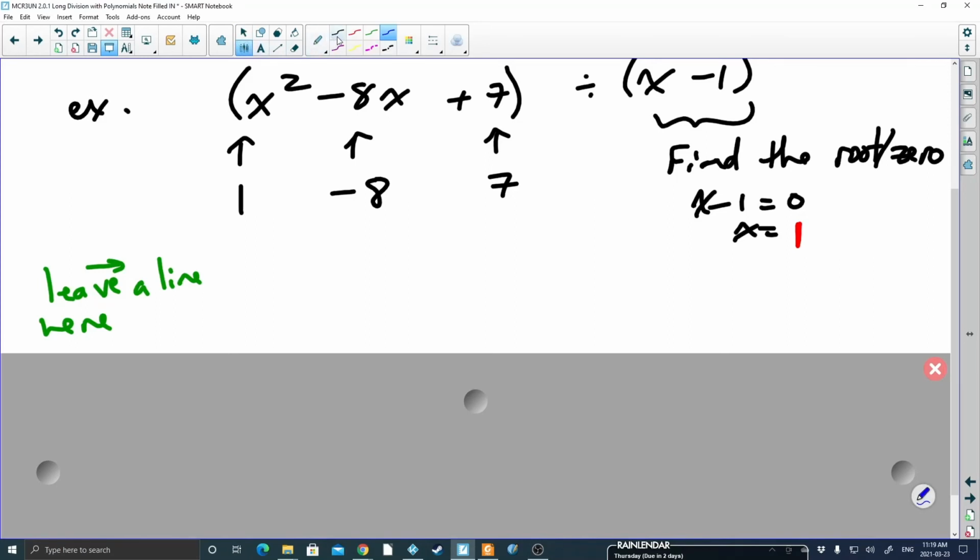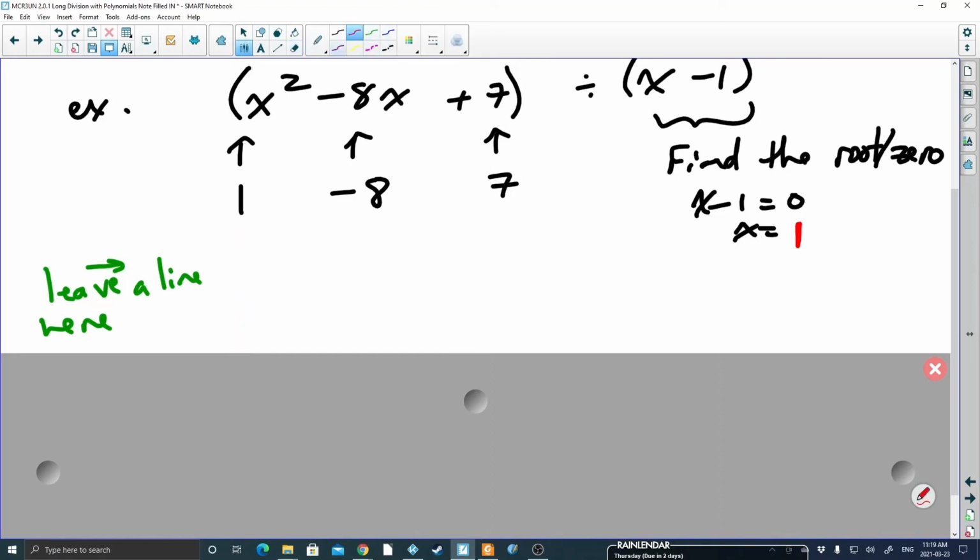Now, a lot of this is just learning the process. It is going to be the same as long division in the end, but this is the process. So you take the first number, you drop it down past that line, and you write it below here, okay? Then, and actually I'm going to do that in a different color.